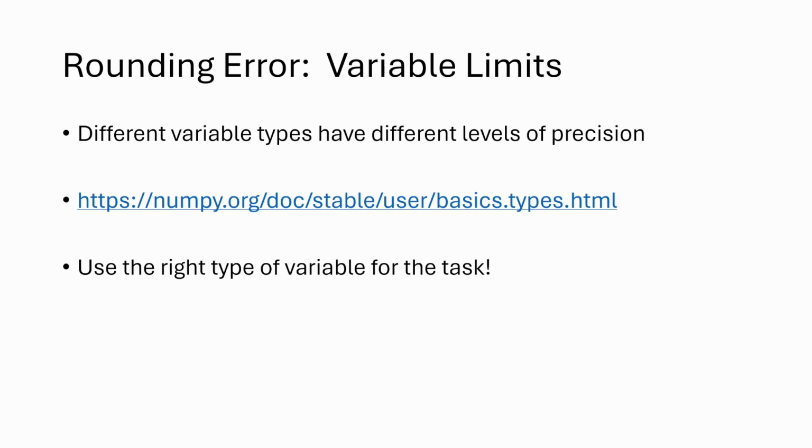Of course, there are more details to that, but I'm going to leave it to the CS majors for that one. I want you to be aware that this exists and know that you may have to choose higher precision variable types when working with tasks where error considerations are very demanding.